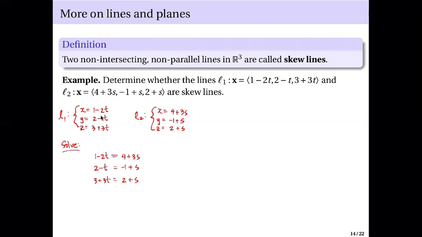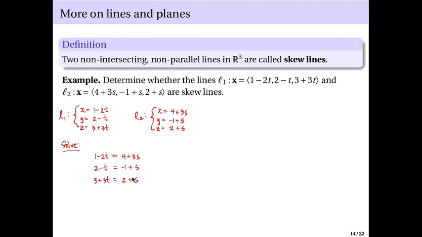Or if the x's are equal and the z's are equal, we don't want our y to be equal. Or if x's are equal, y's are equal, we don't want our z's to be equal. Because in those cases, we will get non-intersecting lines. So, we want this to have no solution, in short.